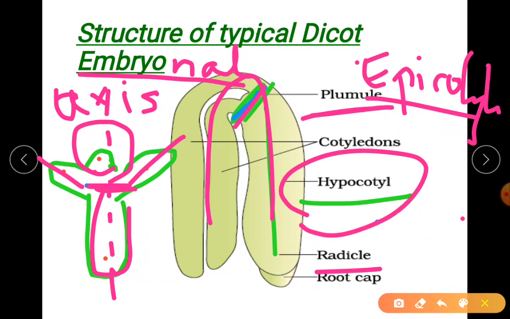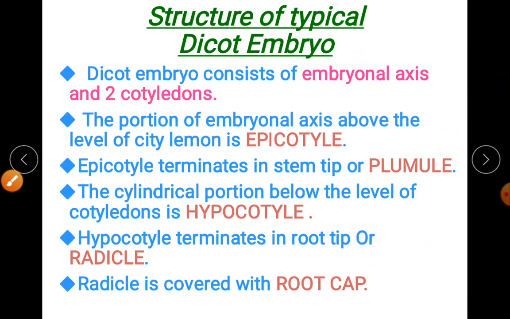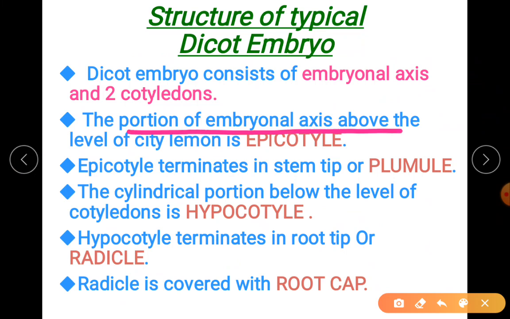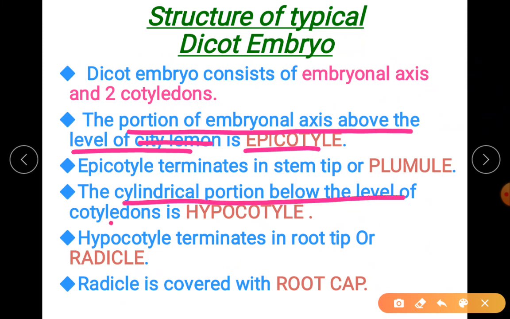Just to be very clear, the portion of embryonal axis above the level of cotyledons is epicotyl. Then the cylindrical portion below the level of cotyledons is called hypocotyl.